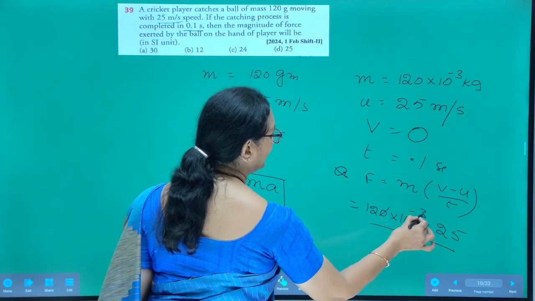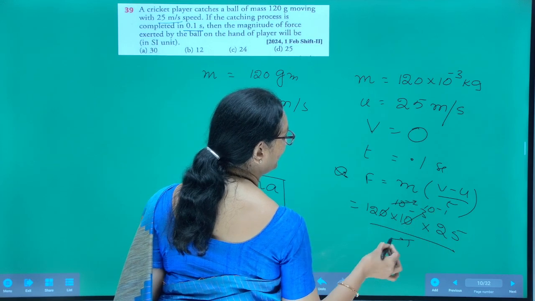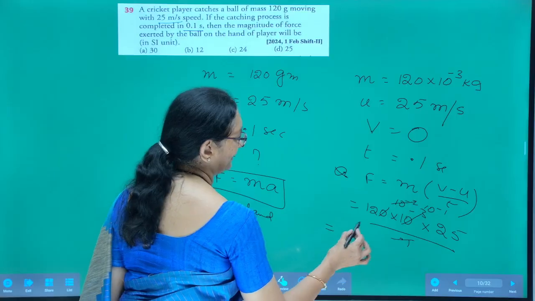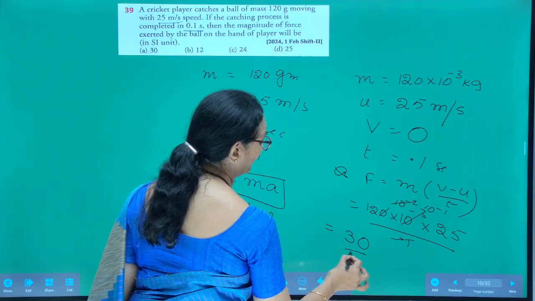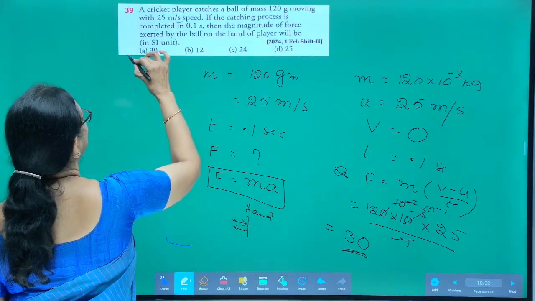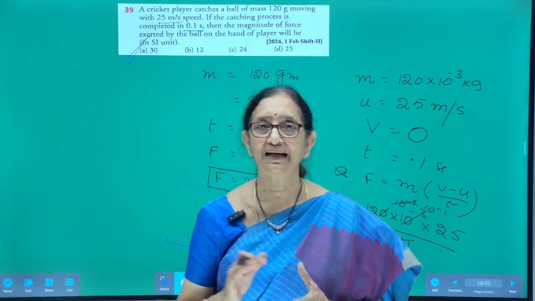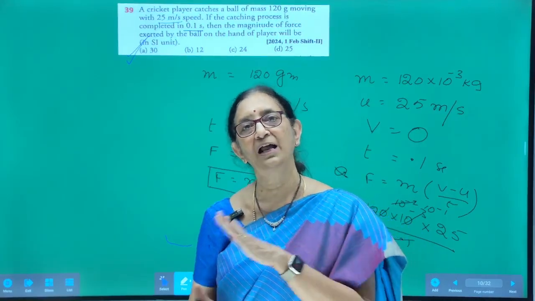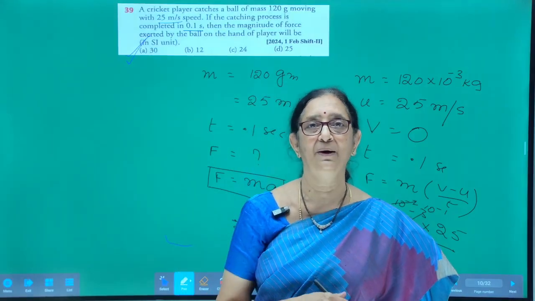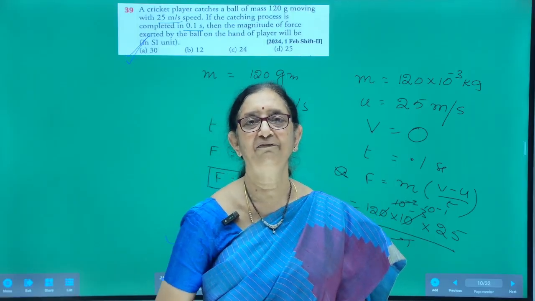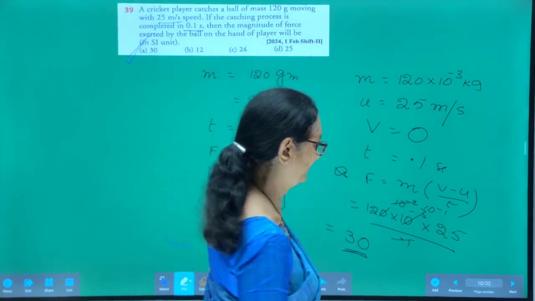So, 12 25s are 300, 300 into 10 to the power of minus 1, it is 30. So, the magnitude of the force exerted by the ball on the hand is 30, and the magnitude of the force exerted by the hand on the ball is also 30, but as they form an action reaction pair, they are equal in magnitude, opposite in direction, right?